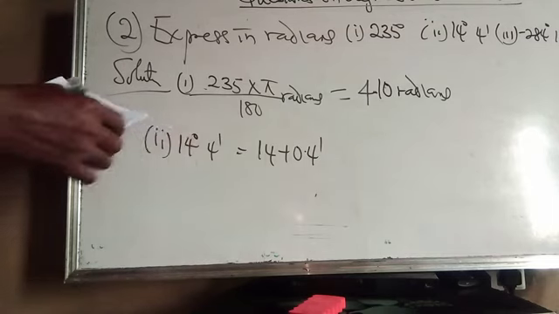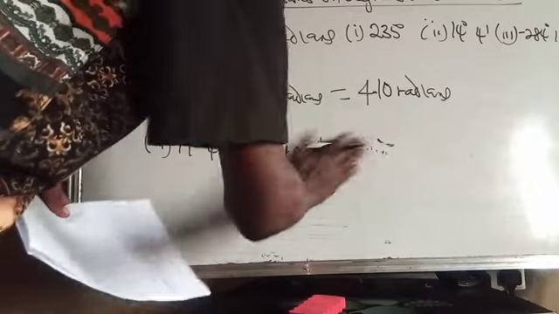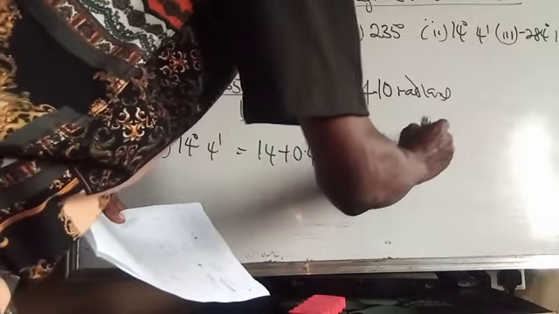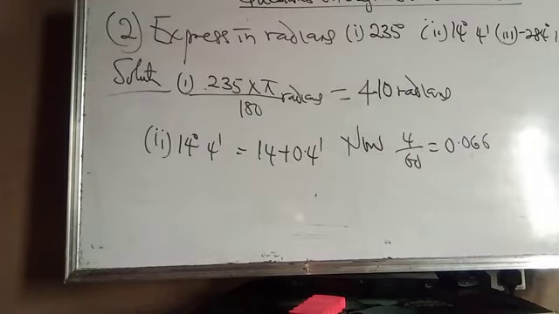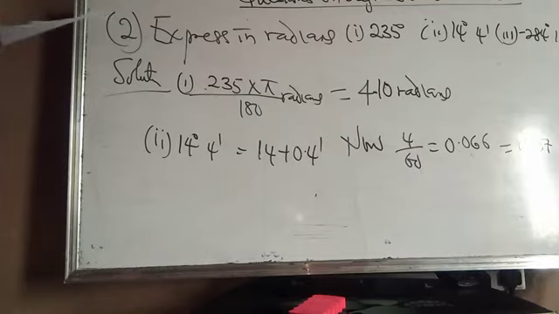If I divide 4 by 60, you're going to have what? 4 all over 60 is 0.066, which is approximately 0.07.